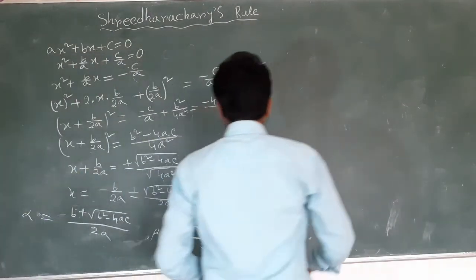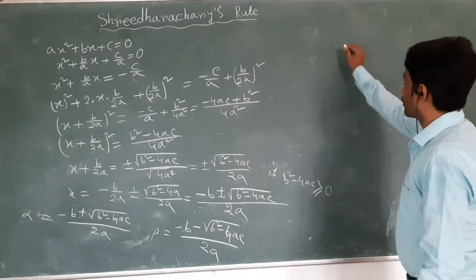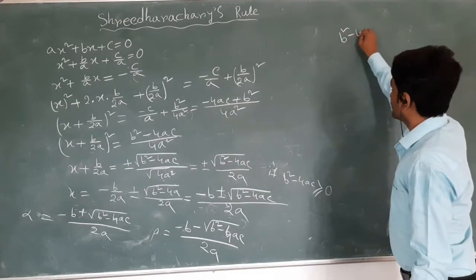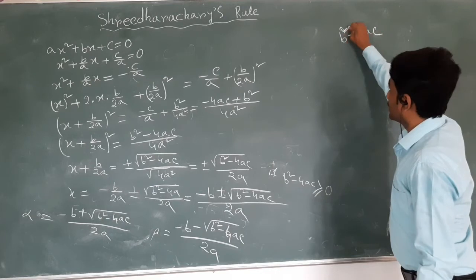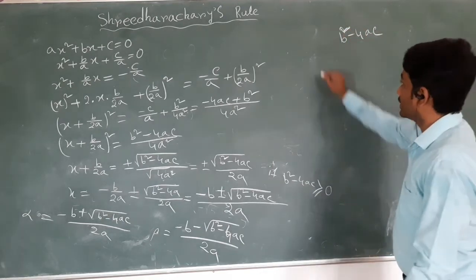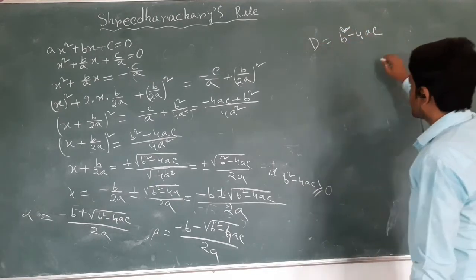And the expression b square minus 4ac is called discriminant.